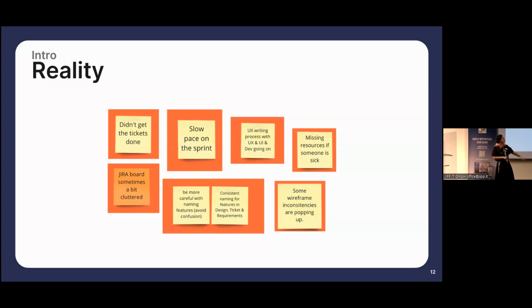There are mentions of our design processes and questions about it. And the most interesting one is on the bottom right, where it says some wireframe inconsistencies are popping up, which means our design work quality went down because of the process we implemented. And I will get back to that in just a bit.